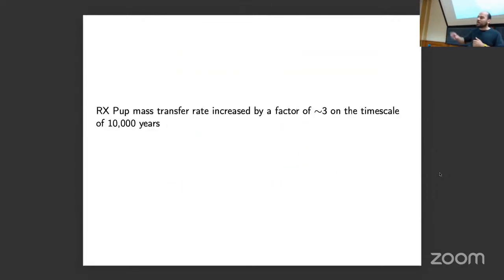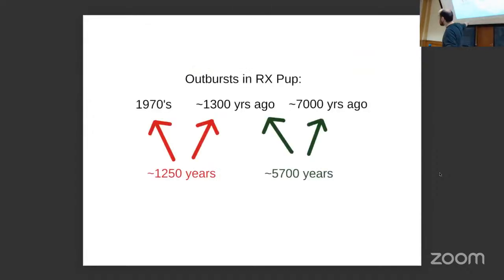And by comparing to theoretical models of nova eruption, the mass transfer rate had to increase by a factor of 3 in the last 10,000 years. Why 10,000 years, not 6,000 years? Because the mass had to be accumulated before the nova explosion.